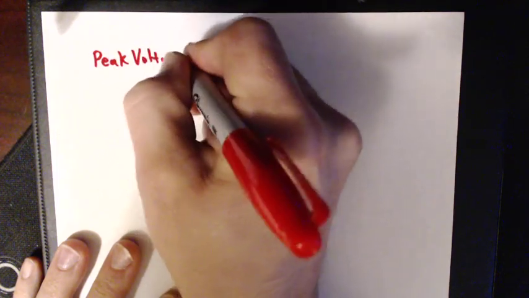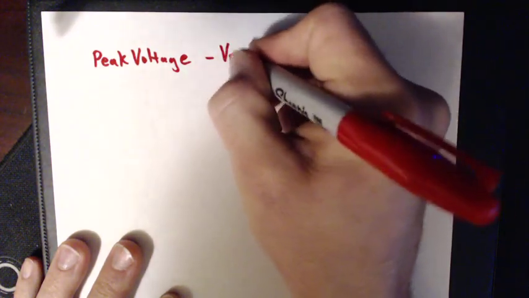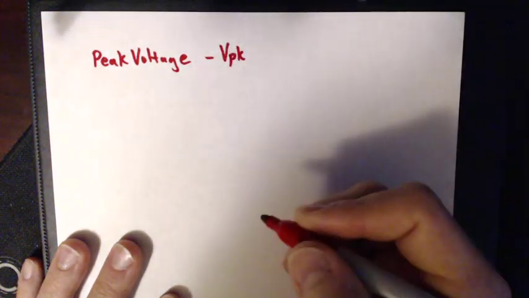Now, with an AC voltage source, we actually have three different ways that we can refer to that magnitude. Okay, so we have what's called peak voltage, which I'll be referring to as V peak.